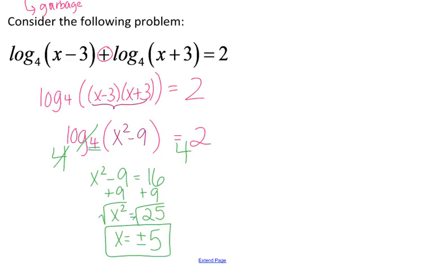Alright, don't forget about those 2 options we have when we take the square root. You have plus or minus. But that's where we have to be careful. We want to test our options. So if we're checking our solution x equals 5, plugging that into my original equation. So instead of x, I'm plugging in 5.